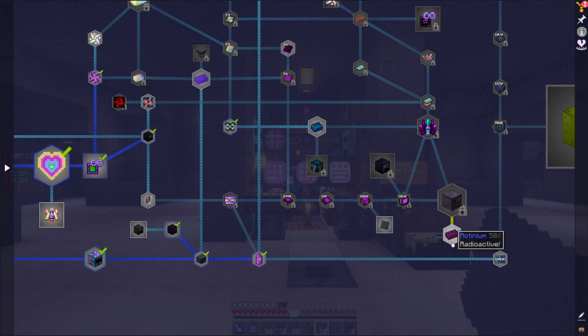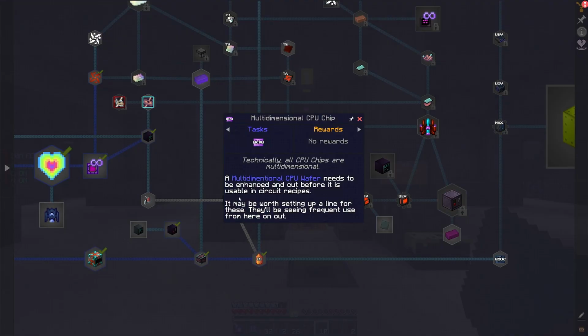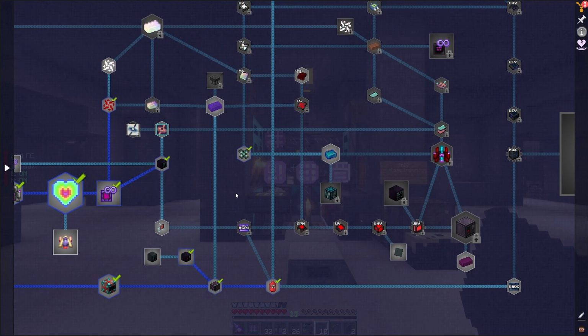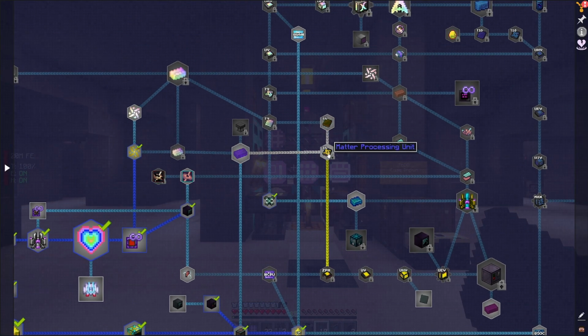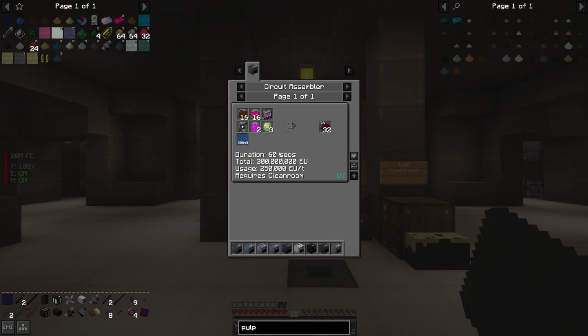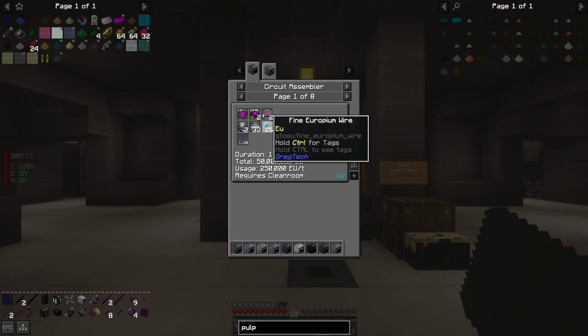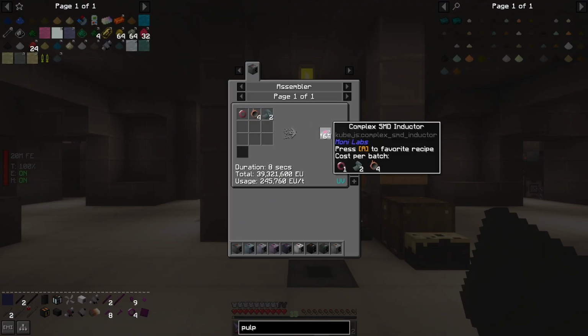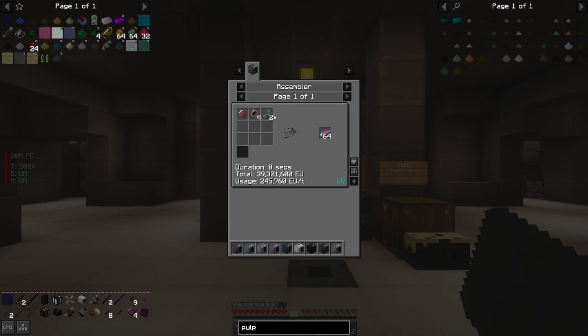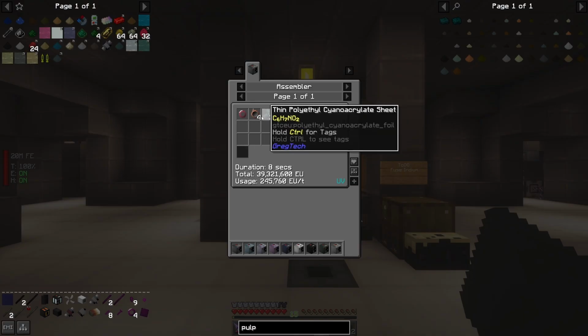And next episode, we'll probably start working at getting this set up, the multi-dimensional chips. I believe there was something, I think it was this. Let's see. No, not that. I think it was like these complex items. Yes. So these complex SMDs are what is requiring the polyethyl cyanoacrylate.